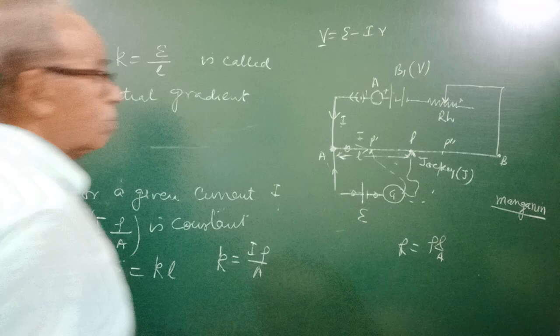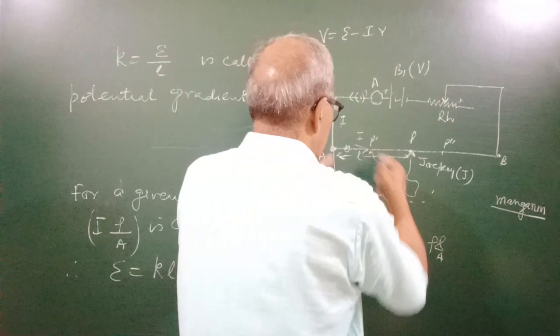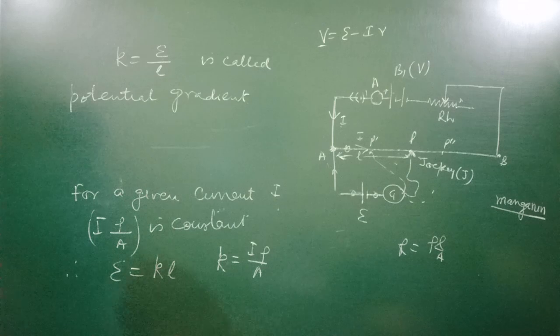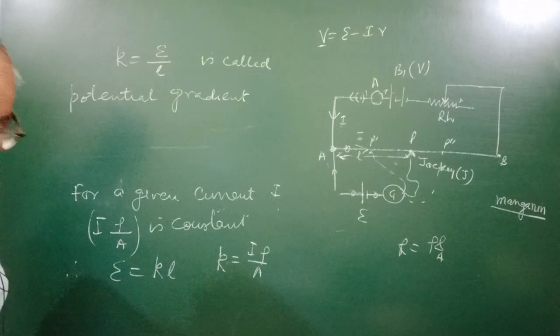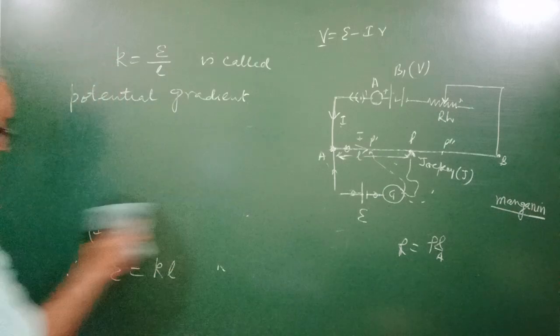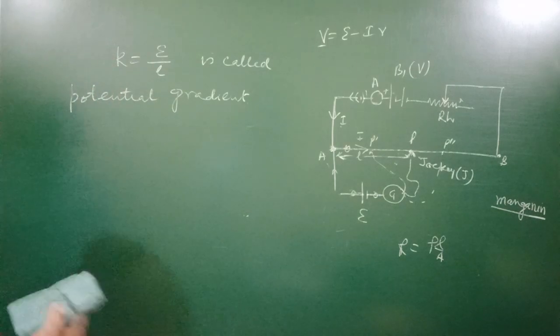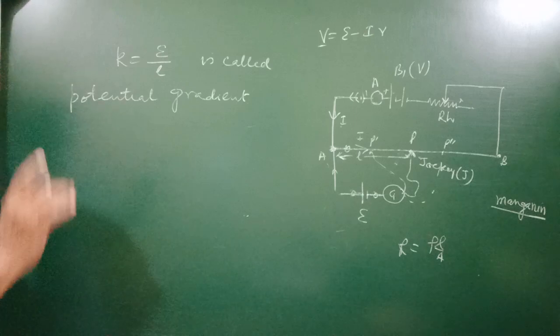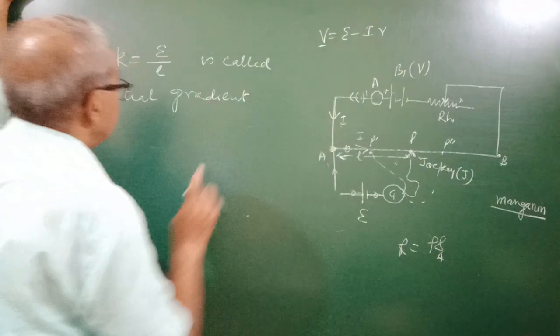For a given current, whether you take the potential gradient this upon this or this upon this, its value will be the same. The unit of potential gradient is volt per meter. Potential gradient may change if you change I.